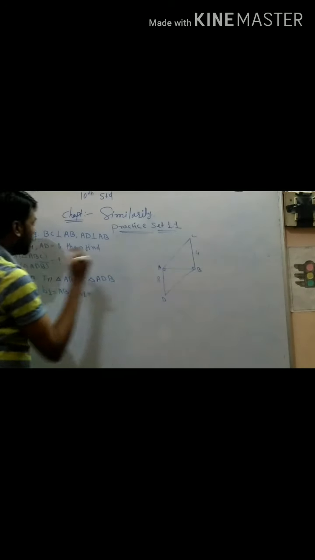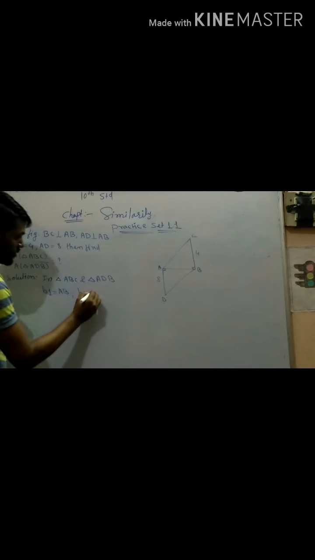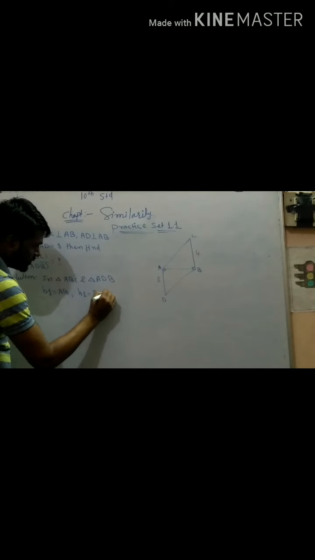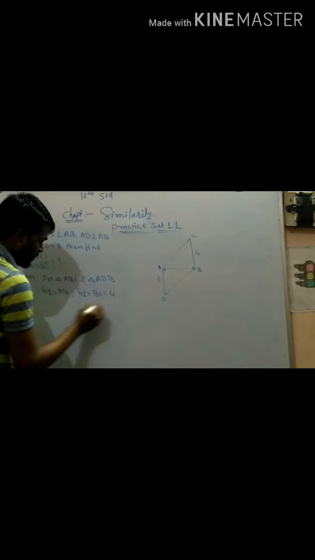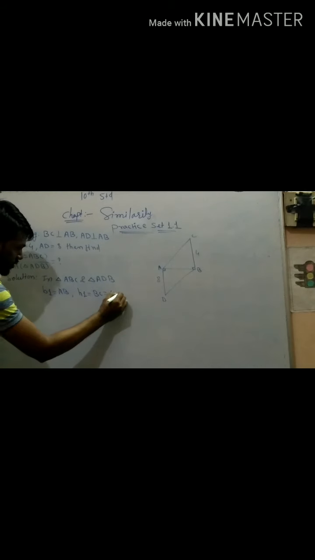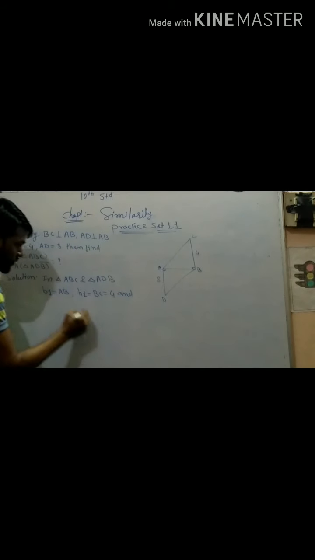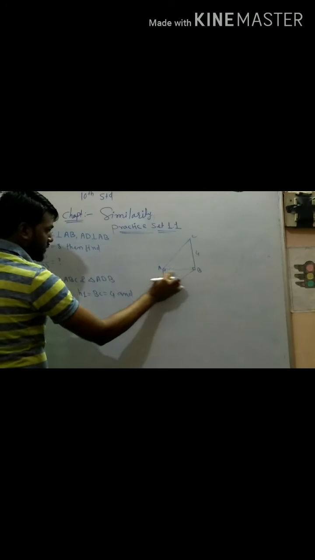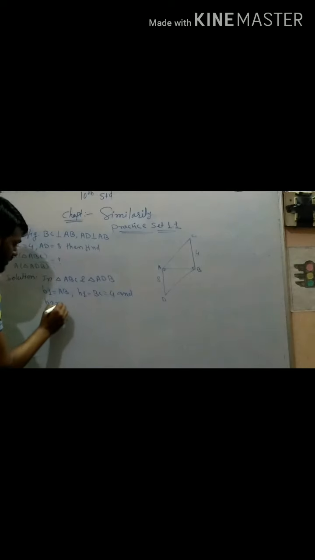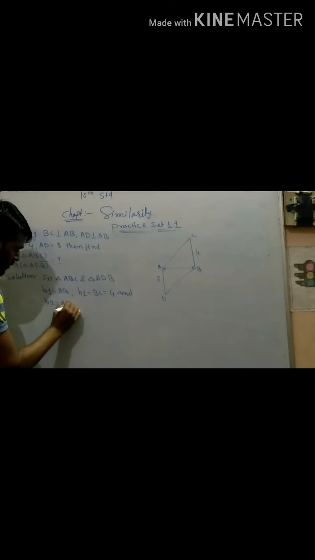Height is BC. Then another triangle's base. What is the base of the other triangle? AB is the base of the other triangle.